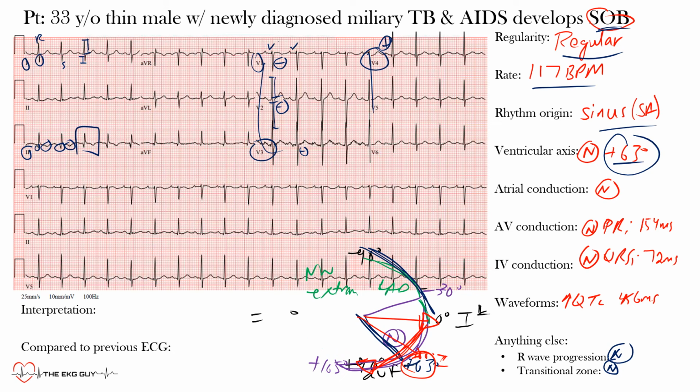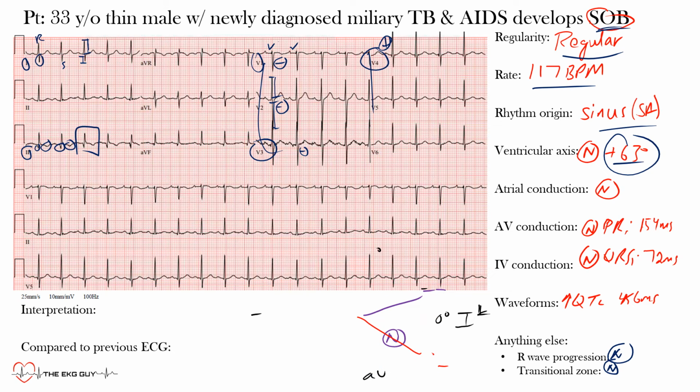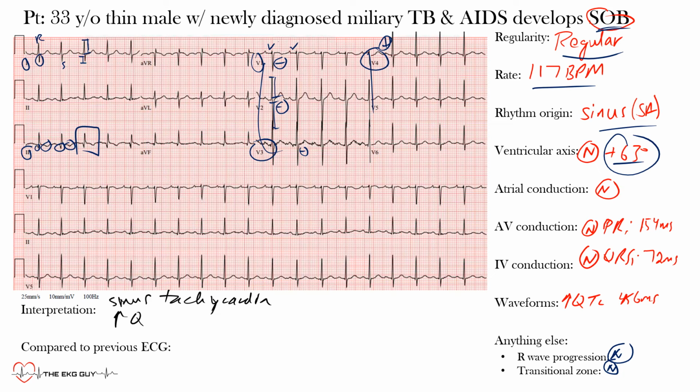So let's just erase this here and write our final interpretation. Okay, so again, we have a sinus rhythm that's fast, so that's sinus tachycardia. All right, we also said that we have a prolonged QTc interval and otherwise normal ECG. Okay, the S1Q3T3 pattern was not significant, so even though there was an alarm of possible PE in this patient, the ECG is still a good thing, and that pattern is not very specific or sensitive, so be cautious in using it.